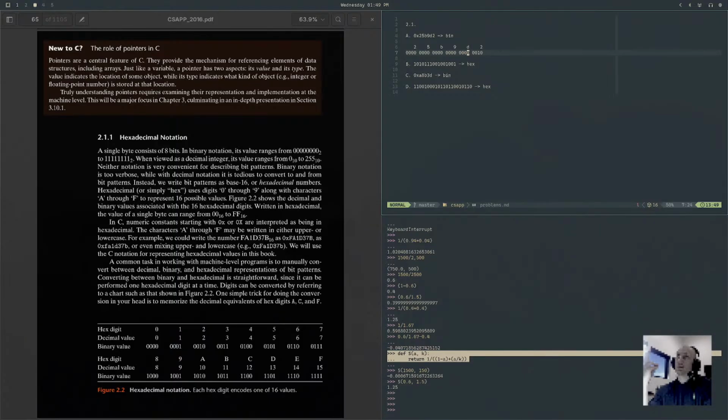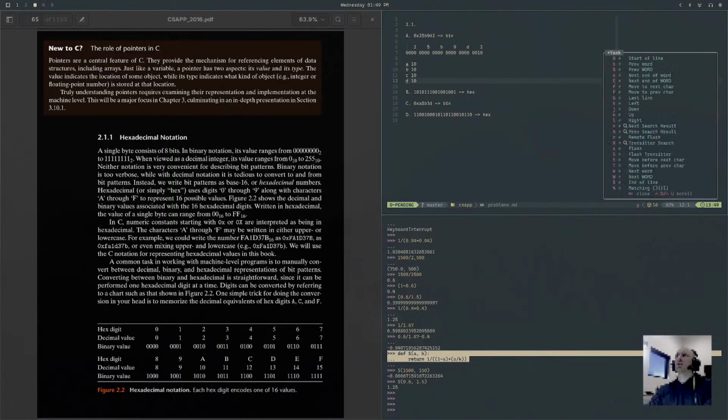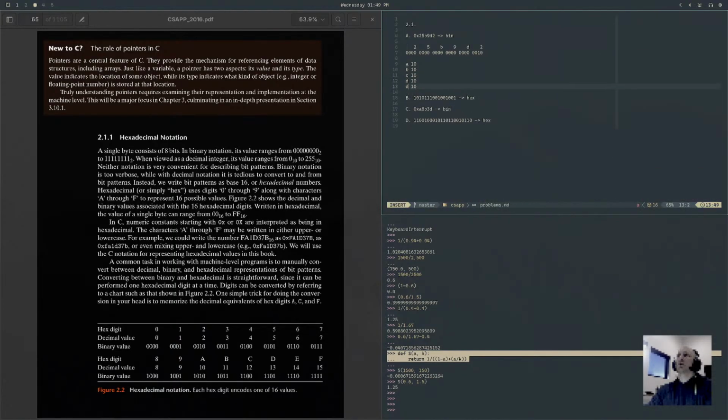11 B. I guess I'll just type out the table here. A is 10. B, C, D, E, and F. B will be 11, 12, 13, 14, 15.